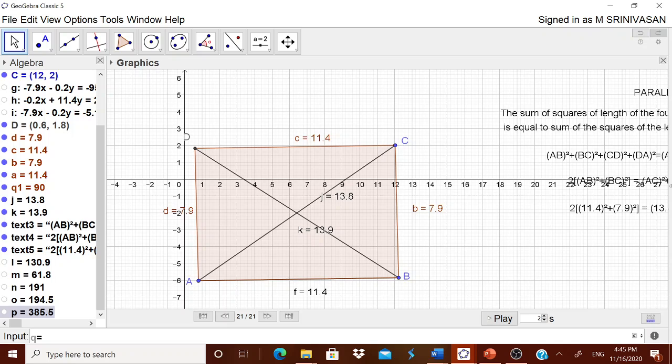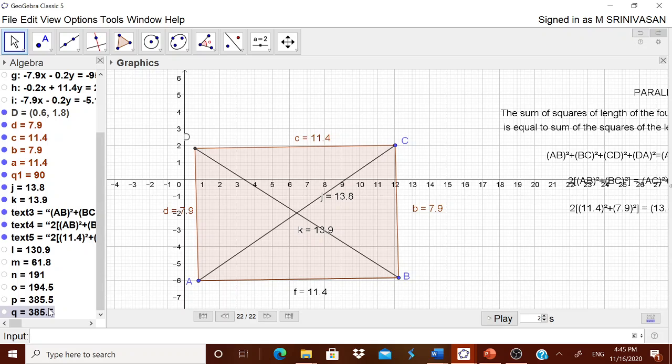The right hand side is AC square plus BD square, which is N plus O. Come back now. You see, you are getting both of them as the same.